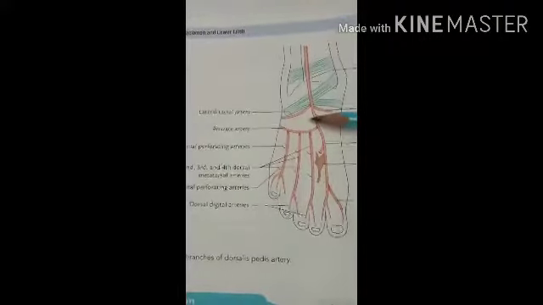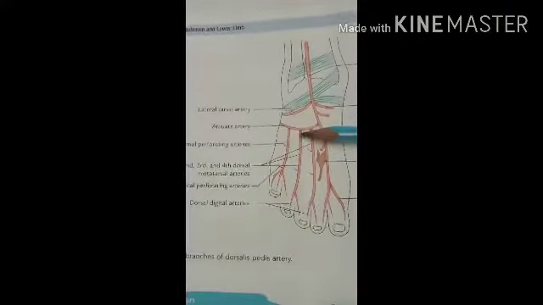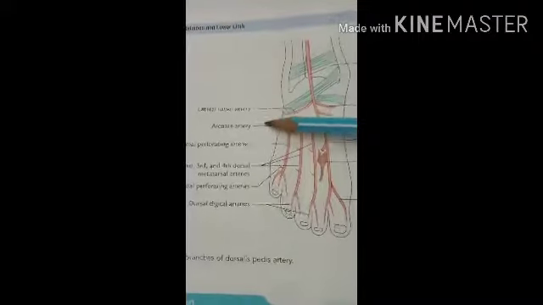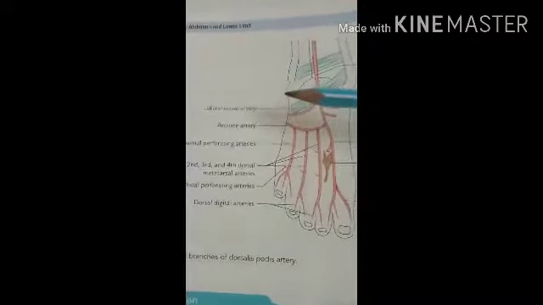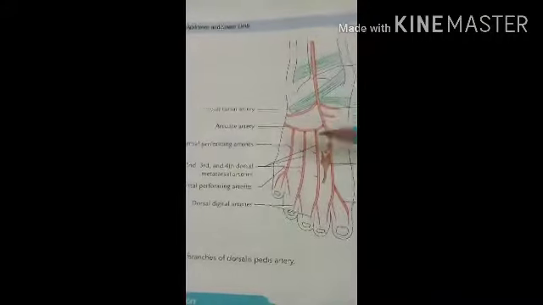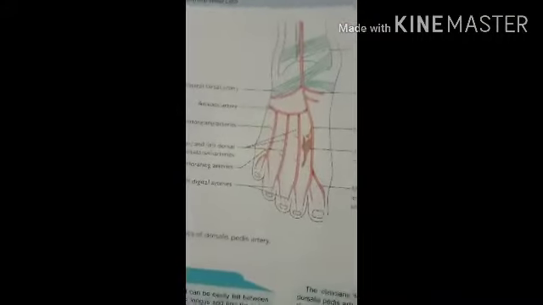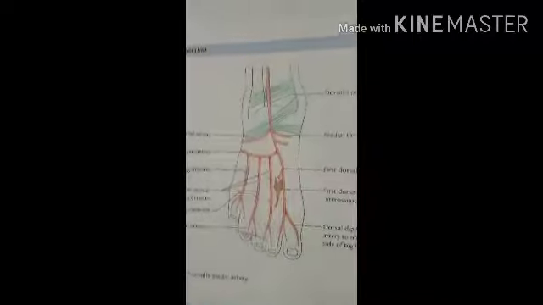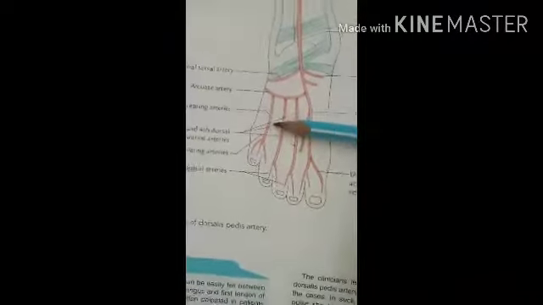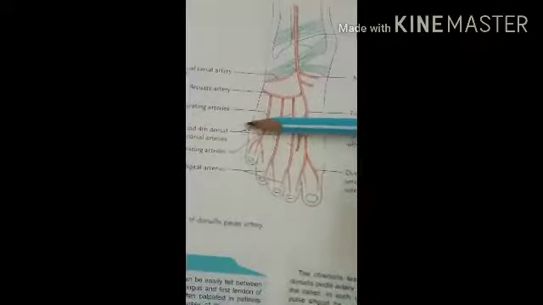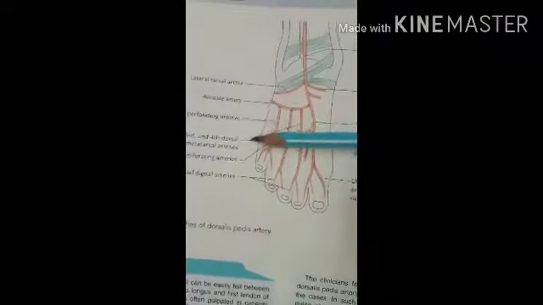Then it turns laterally over the bases of the metatarsal bones and deep to the tendons of extensor digitorum longus and extensor digitorum brevis. And then it divides into three branches, the second, third and fourth dorsal metatarsal arteries.